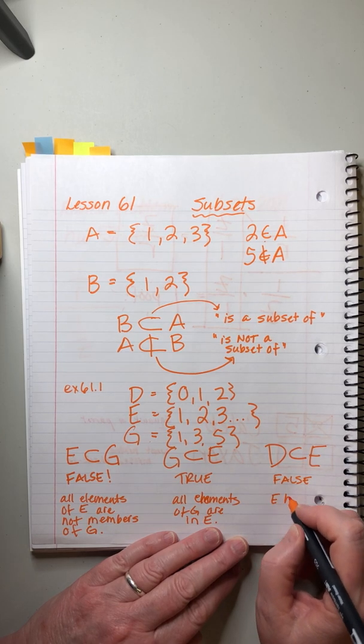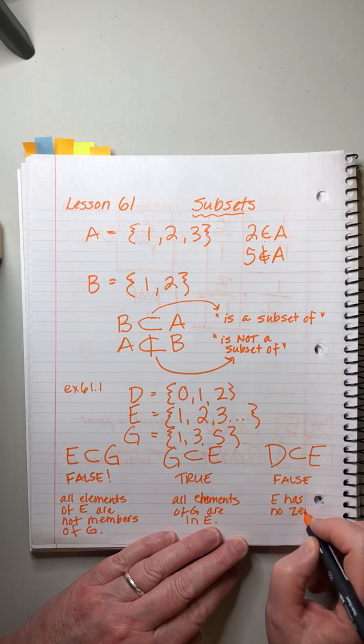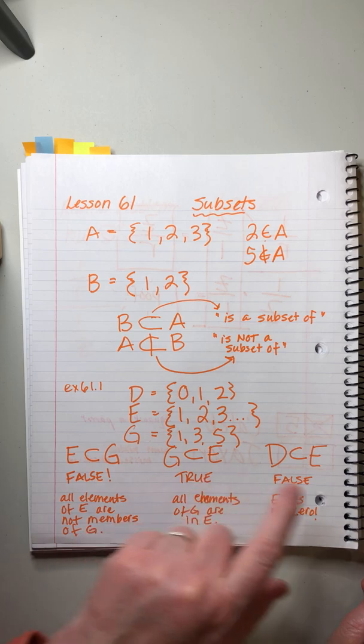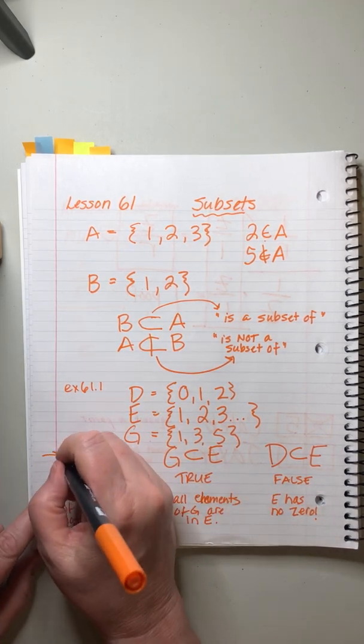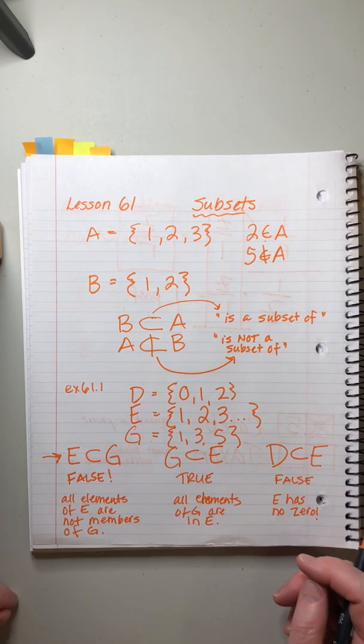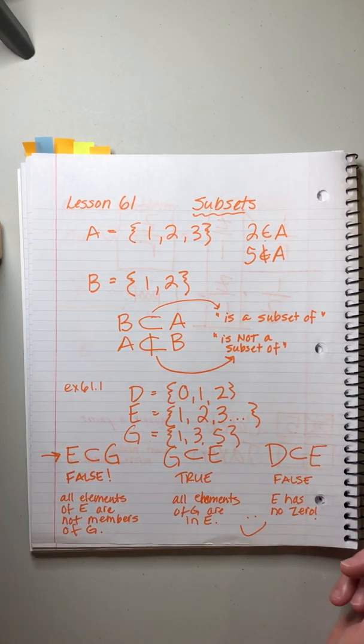E has no 0. How could it? Okay, so these are called assertions. We don't know for sure if they're true or false, and that's what our job is, to test those, okay? So we got all of these right. Yay, happy days for us.